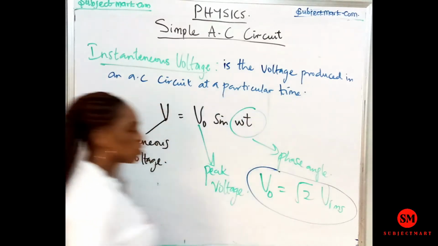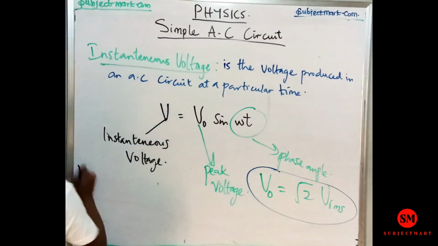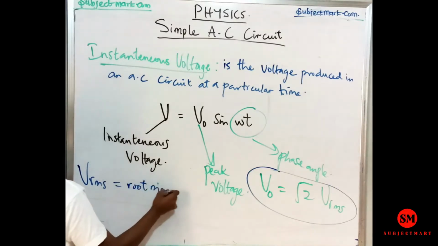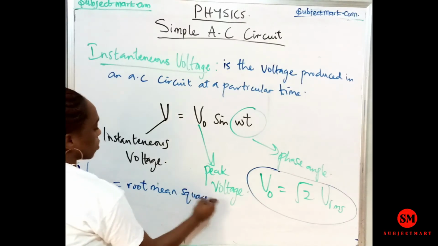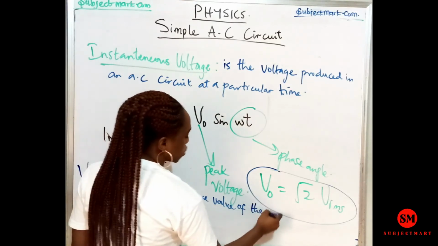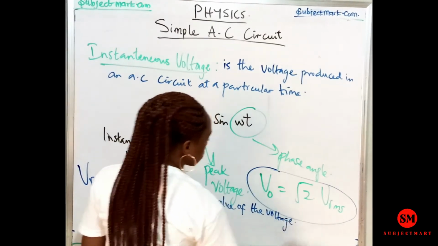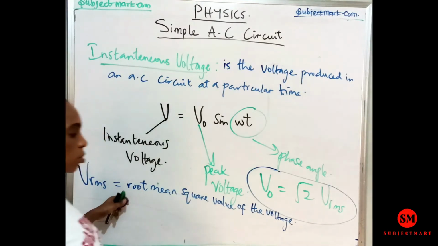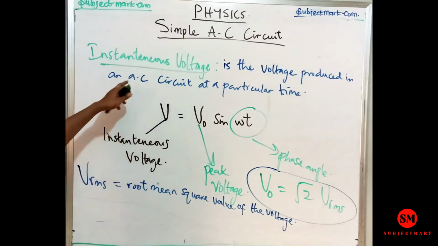And the V RMS is the root mean square value of the voltage, that is the same voltage produced by a DC circuit as compared to that of an AC circuit.